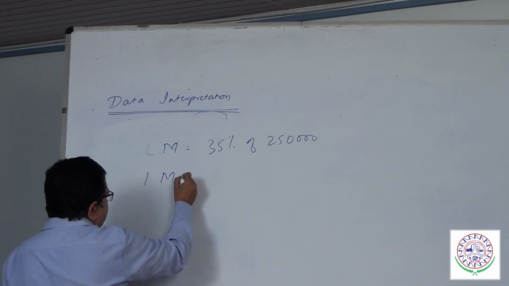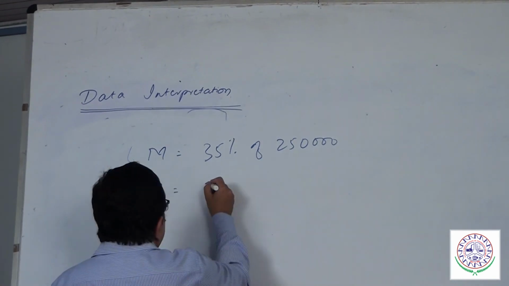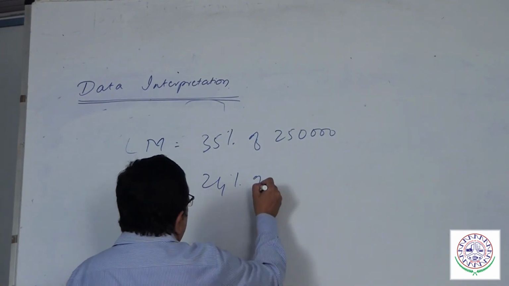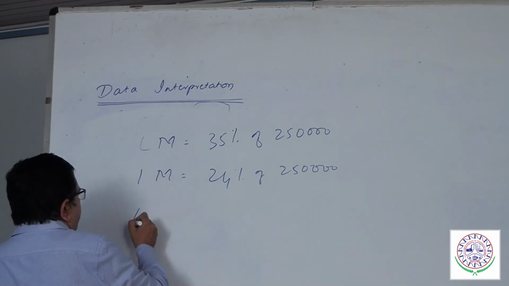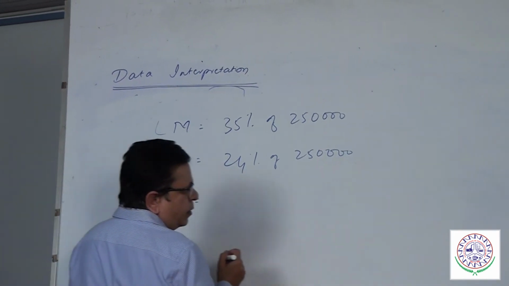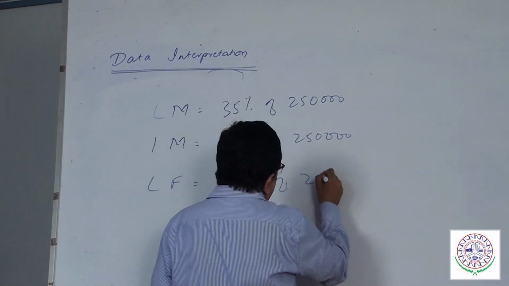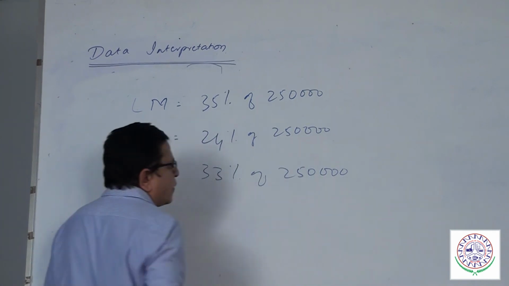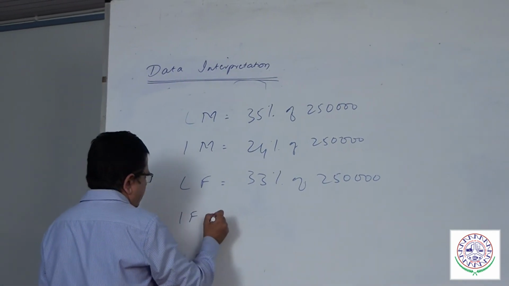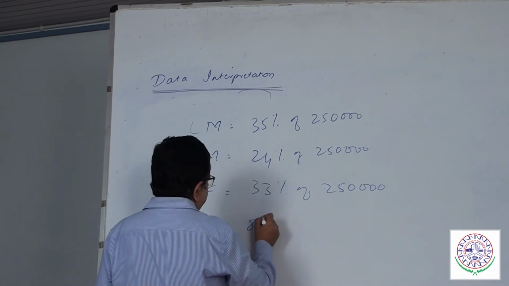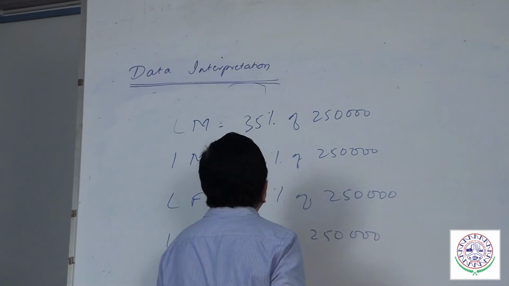Illiterate males are 24% of 2,50,000. Literate females are 33% of 2,50,000. And illiterate females are 8% of 2,50,000.